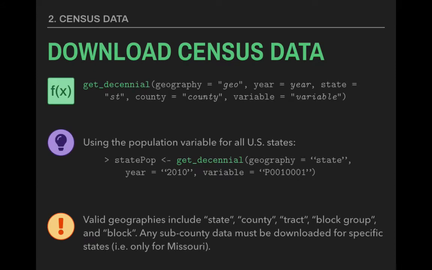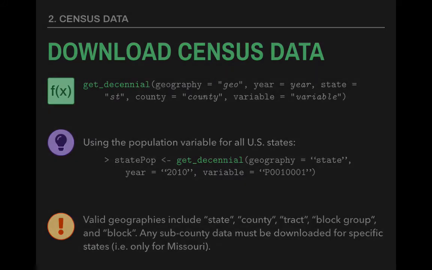So, for example, if I want to download by state, for all states, the population in 2010, I would use the getDecennial function. I'd note that the geography should be the state, the year should be 2010, and the variable should be P0010001. This would look the same if I wanted to get county, tract, or block group level data. We would just have to note the state as well for all of those sub-county level geographies.